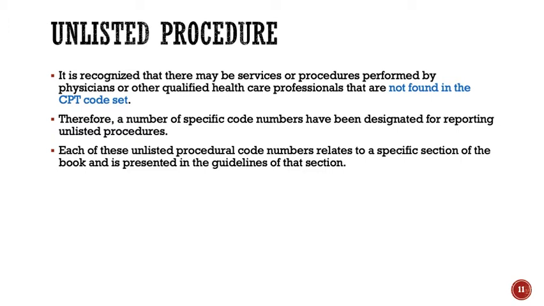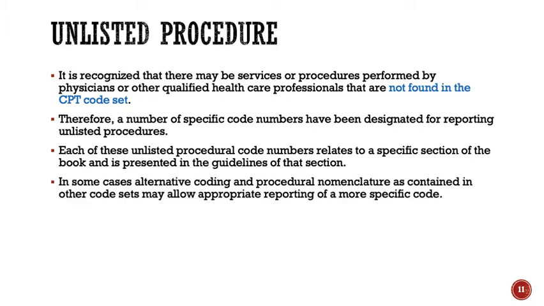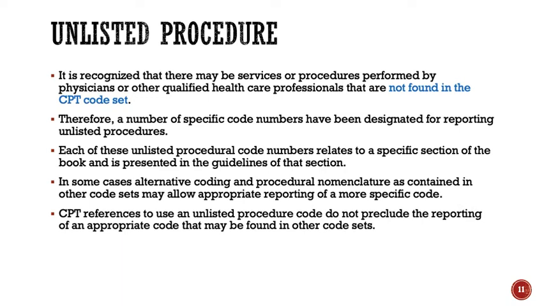Each of these unlisted procedure code numbers relates to a specific section of the book and is presented in the guidelines of that section. In some cases, alternative coding and procedural nomenclature as contained in other code sets may allow appropriate reporting of a more specific code. CPT references to use an unlisted procedure code do not preclude the reporting of an appropriate code that may be found in other code sets.